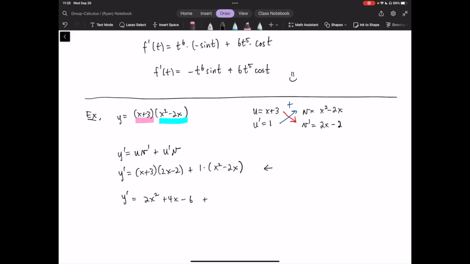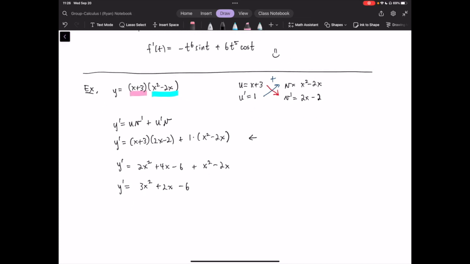And then over here we just add these terms. So plus x squared minus 2x. And then when we combine everything, we see that we have 3x squared plus 2x minus 6. And so that's our derivative as a single polynomial, in standard form of the polynomial.